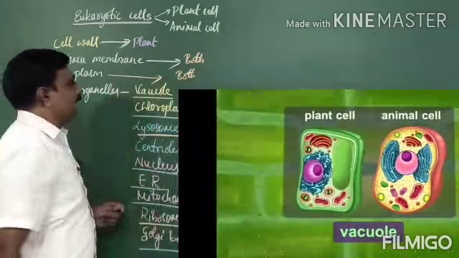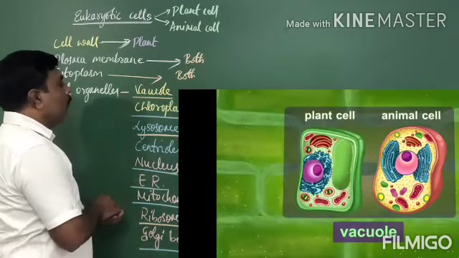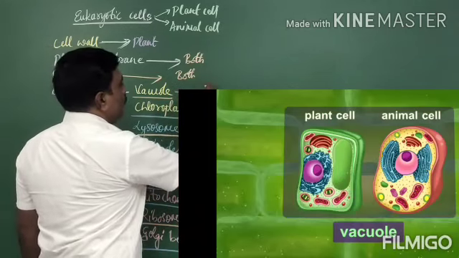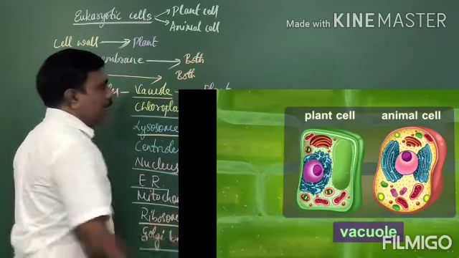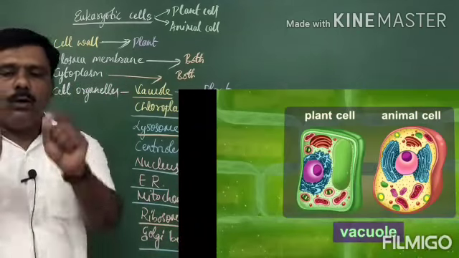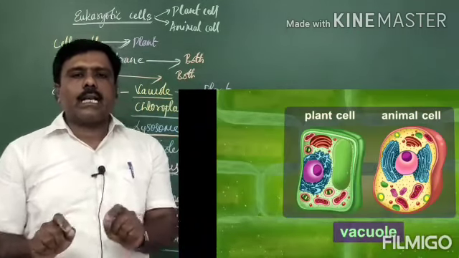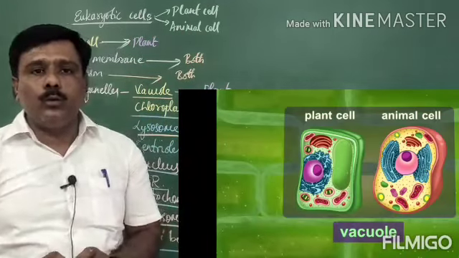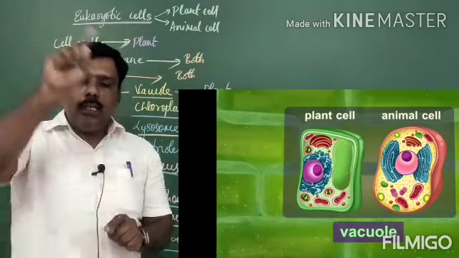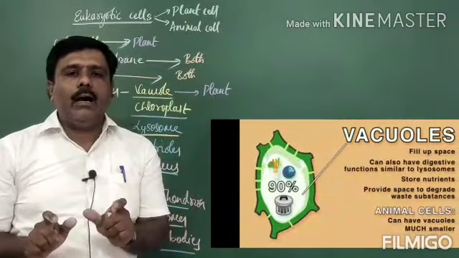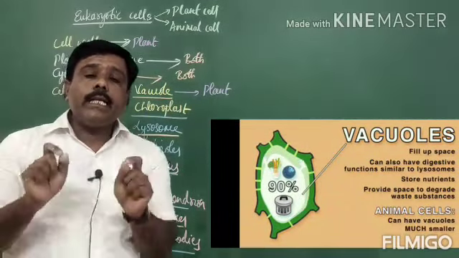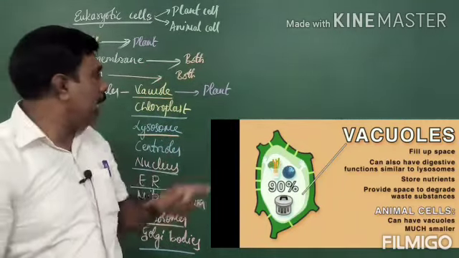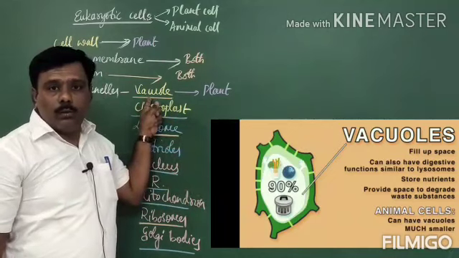The first cell organelle is the vacuole. This vacuole is found only in the plant cell. Plant cells are characterized by a large sized vacuole. That is, in the innermost region of a plant cell, 90% of the place is occupied by the vacuole.